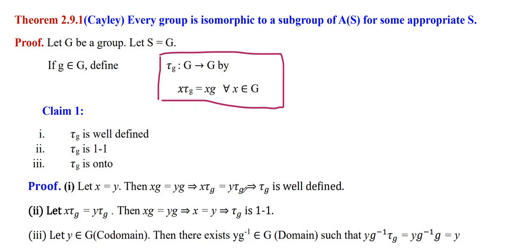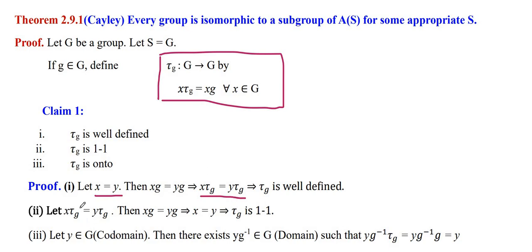This is the image of y under tau g. So this shows that elements in the domain being equal implies the corresponding images in the codomain are equal, which implies that tau g is well defined.